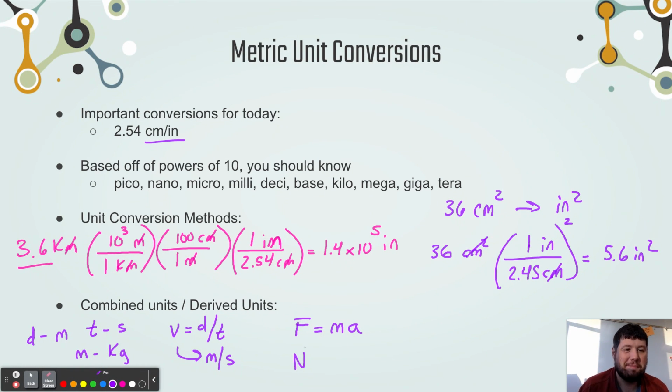What is that in terms of base units? How does that make sense? Well, we can use this equation to help us out. See, mass we know is measured in kilograms, and I just said that acceleration is measured in meters per second squared. So it must be true then that a Newton is a kilogram meter per second squared. So that's what we mean by combining units and writing them together. And we can always use formulas to help us do that.